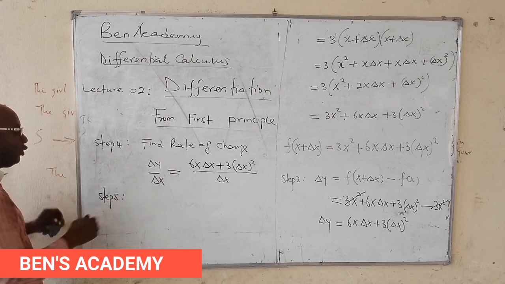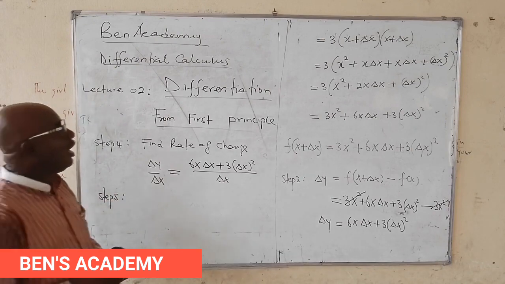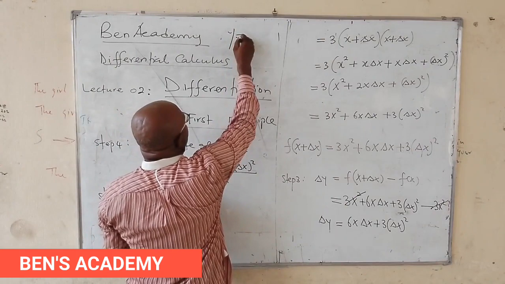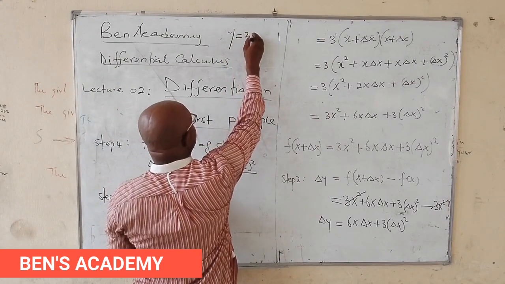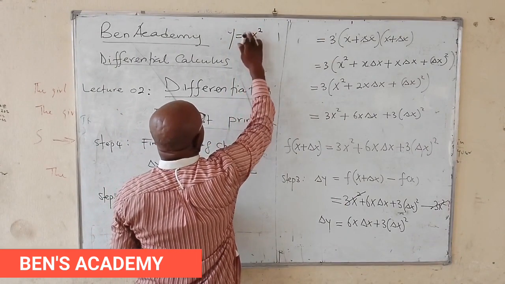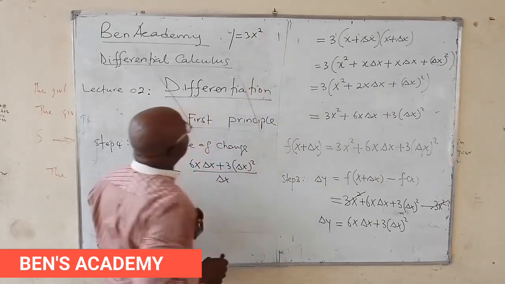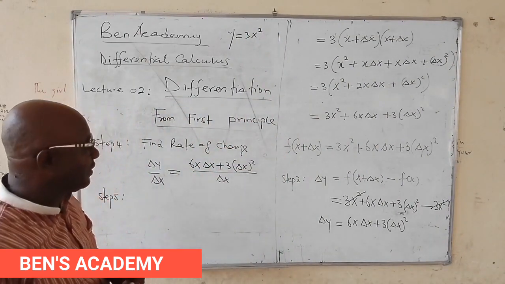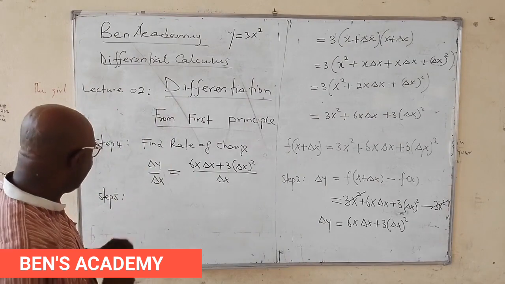Remember what we are doing? We are differentiating the function y equal to 3x squared with respect to x, using first principle. That is what we are doing. We are now in step 5.